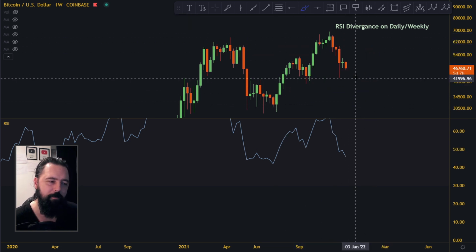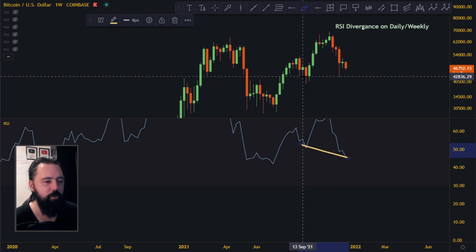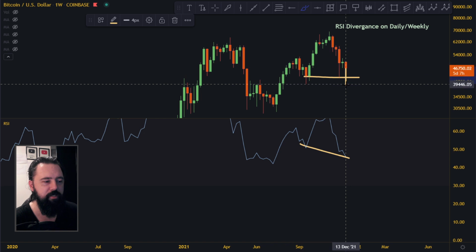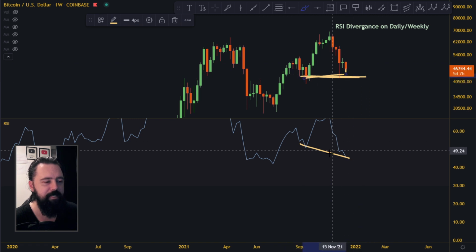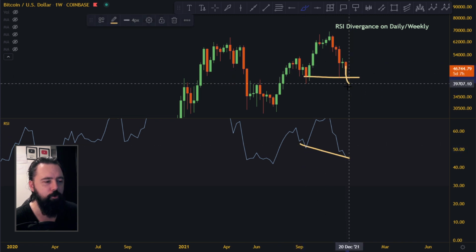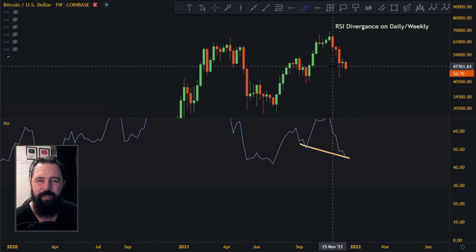So we have to assume some stuff, and we have to assume that this might just hold. Now we still need to fall below these levels down here, the 42 level, to correct that divergence, because any level above this level up here is still going to create the divergence. The only way to correct the divergence is to fall below the 42 level down here, and I don't think right now that we are capable of doing that.